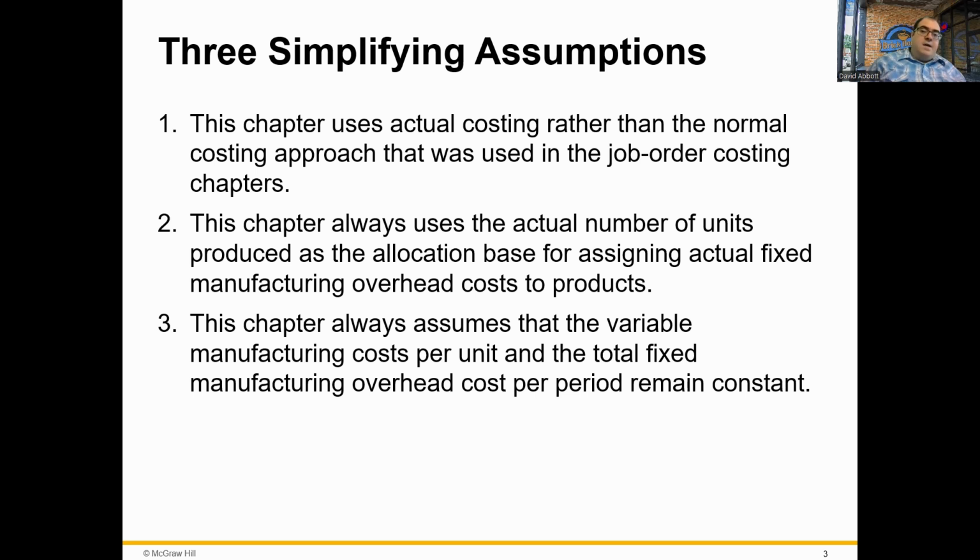Second, the actual number of units produced is used as the allocation base for assigning actual fixed amounts of overhead to products. Third, variable manufacturing costs per unit and total fixed manufacturing overhead costs per period will remain constant.